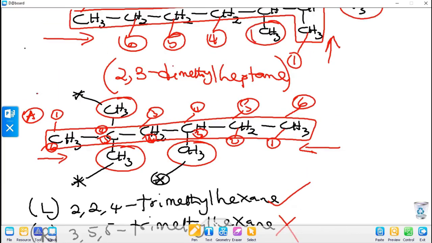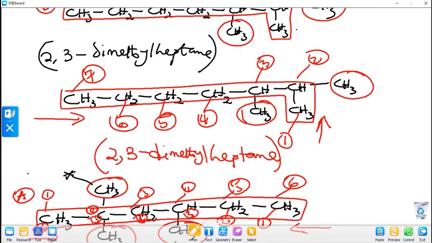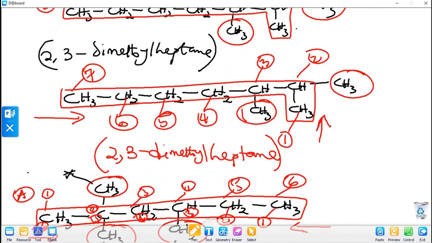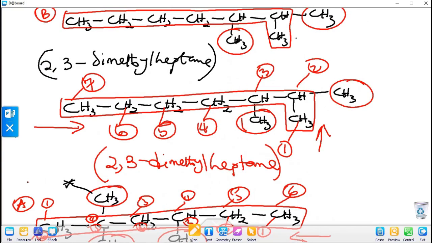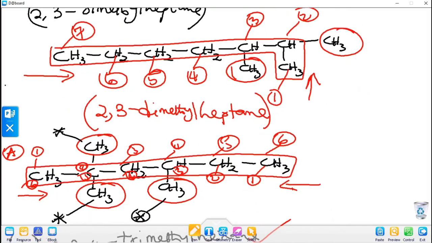The same thing also happens to our previous example, 2,3-dimethyl heptane. It is 2,3-dimethyl heptane because there are 2 methyl groups attached to that hydrocarbon chain, and that hydrocarbon chain has 7 carbon atoms which make up the parent chain. So that is why we indicate it as 2,3-dimethyl heptane.